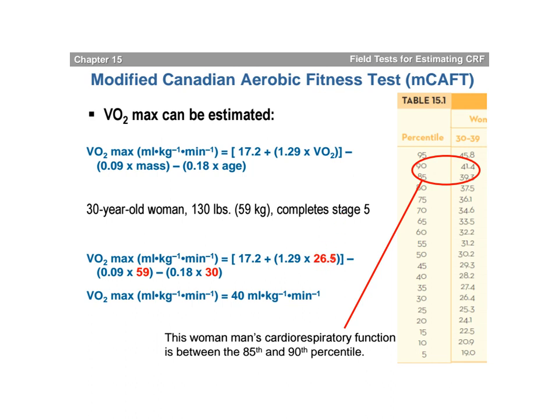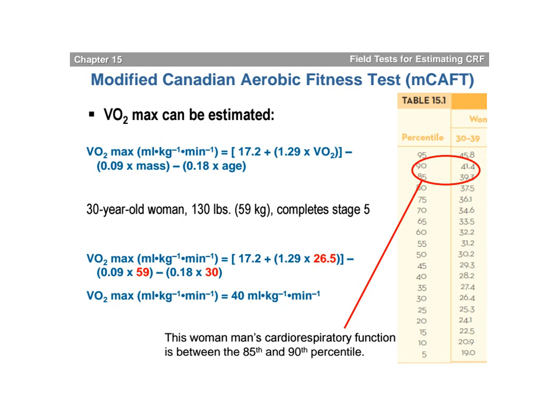This is the, what is it called, the O2 cost. We put that in there. We put in her weight, 59 kilograms, and we put in her age, so age 30. And then we calculate a VO2 max value of 40 milliliters of oxygen per kilogram per minute.